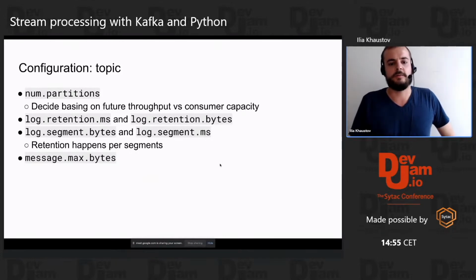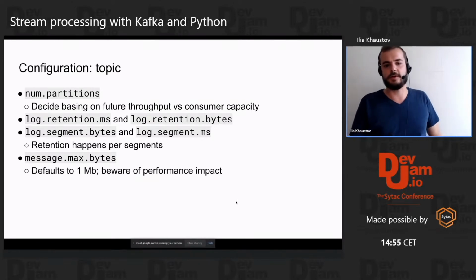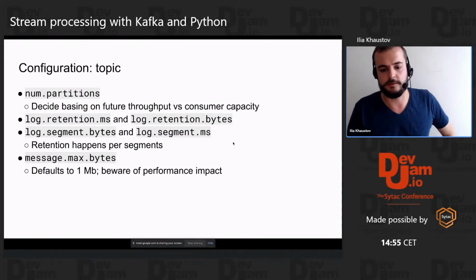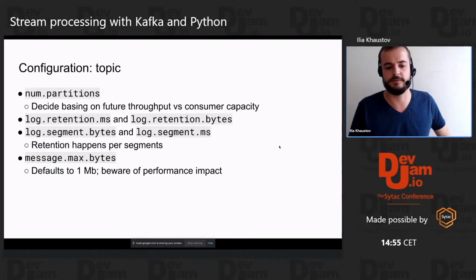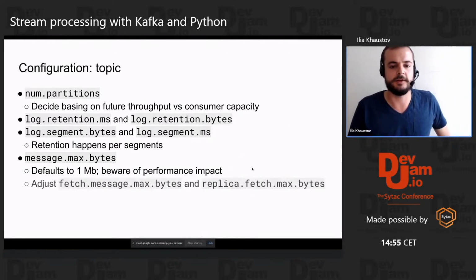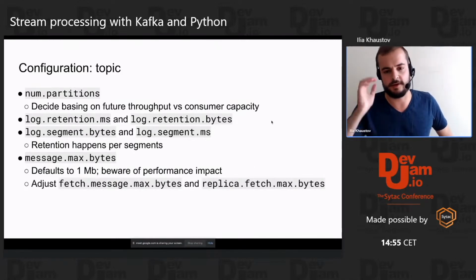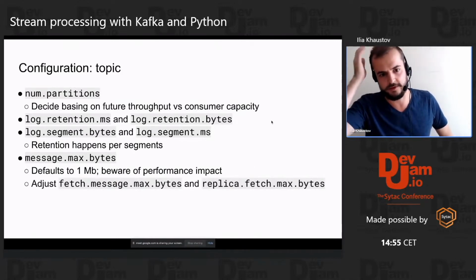Another important thing is message max bytes. It equals 1 megabyte by default, but beware of the impact on performance if you want to make it more, because it will impact everything. It will impact brokers, consumers, producers, your Kafka streams and connect clusters, everything. And also you need to adjust other things.